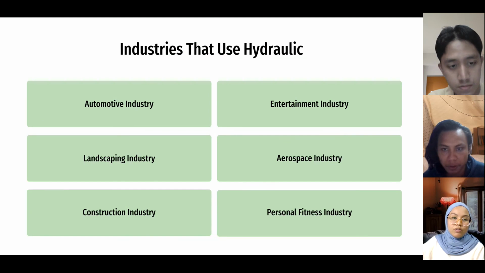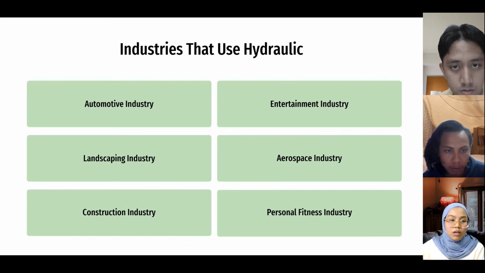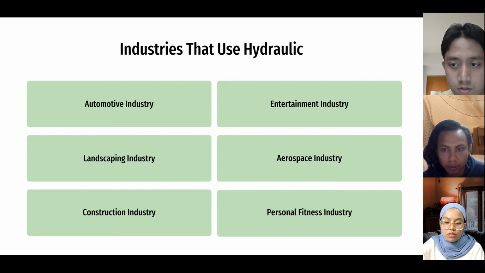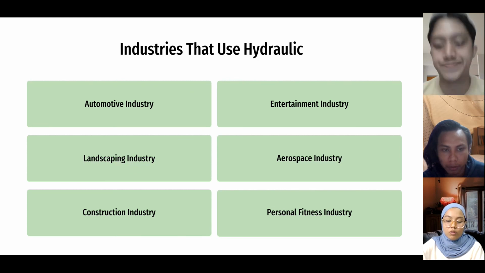And then industries that use hydraulics. The first one is the automotive industry, one of the largest users of hydraulics in the world. Not only is hydraulics used to manufacture cars in factories around the world, but cars themselves utilize hydraulic pumps, hydraulic brakes, and even hydraulic motors.